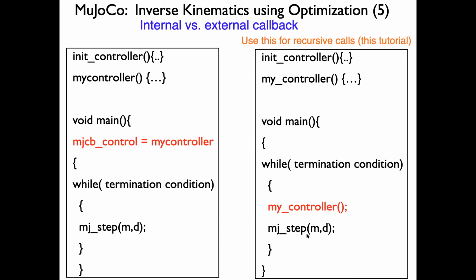Now the question is, why did I use the right approach and not the left one? The reason I did this is the following. In this case, I had to do some calculations in my controller in order to compute the position of the joints. I used, remember, this dsim, a new data variable, to do these computations. If I do an internal callback to do these computations, you will see that the code will become recursive.